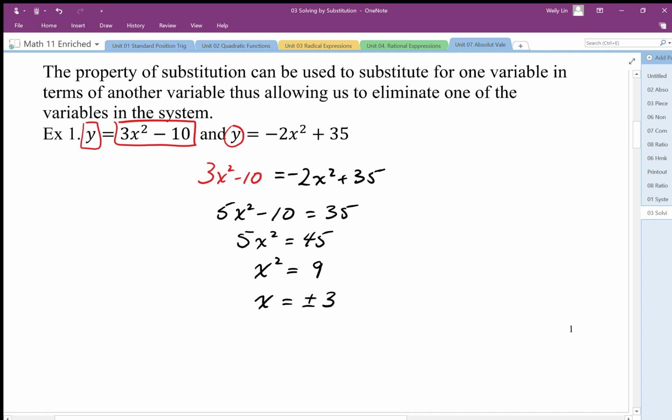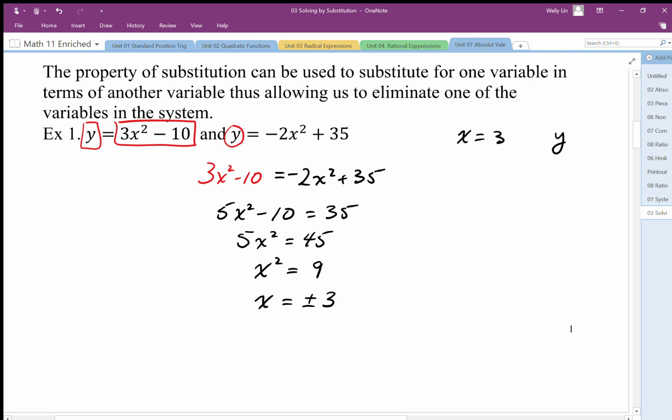Now, this is a system. So there's a system in x and y, so once I solve for x, I still have to solve for y. So I'm going to have a set of solutions here. So x is equal to 3. The y value, when I substitute 3 into this equation, and it doesn't matter which one, I'm going to do it to this one here so I don't have that negative 2x².